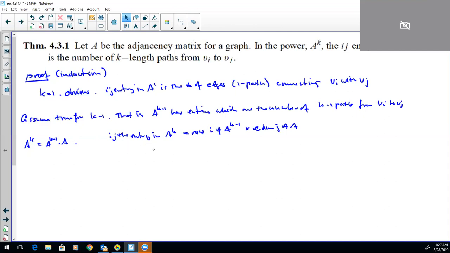So the ij entry here is the sum from, say, p equals 1 to n of a sub ip, and I'm going to put this in parentheses, k minus 1, times a sub pj. Where a sub ip with k minus 1 in parentheses, I just mean the ipth entry in the k minus 1 matrix.